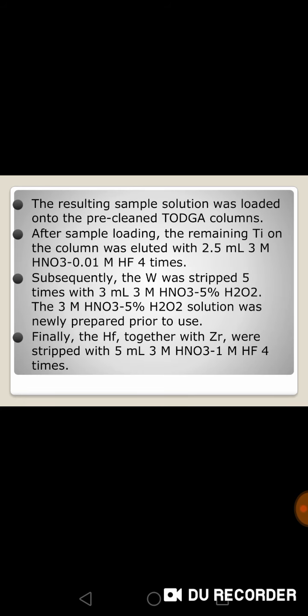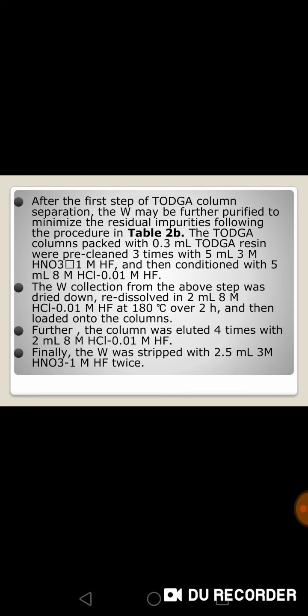So here is the overall procedure that I have discussed in the previous slide about table 2A and B.